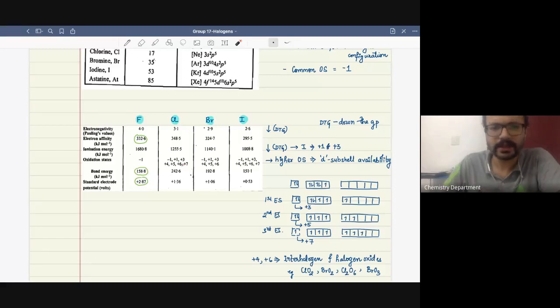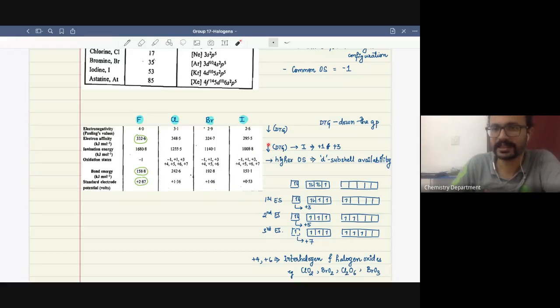Okay, now if we look at the ionization energy given here, what do you find? You find a smooth decrease in the ionization energy as you move down the group.